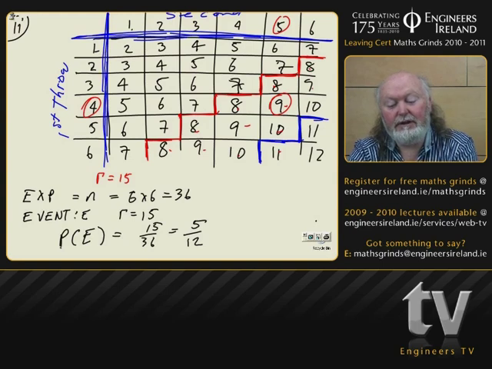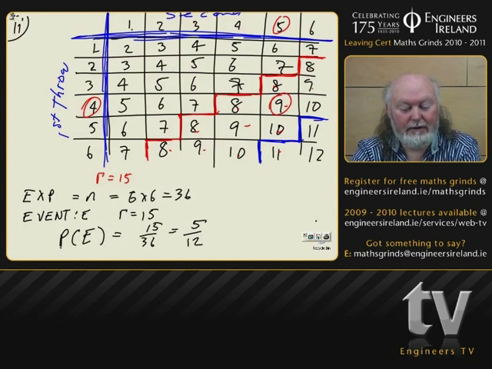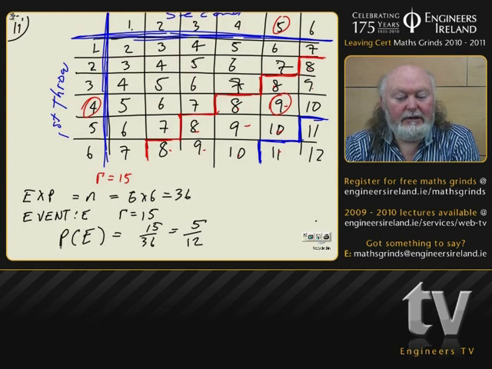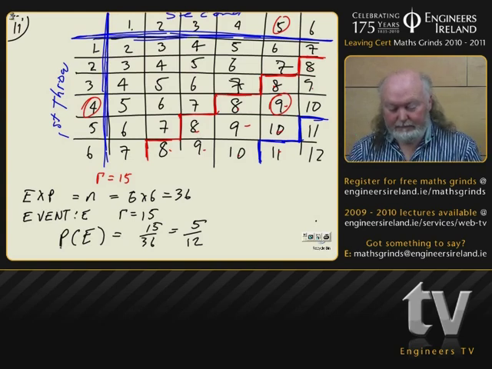Instead of R being 15 now, because we're looking for at least 8 and no more than 10, R will be 12, and it'll be 12 over 36, which will be a third of the possibilities. So you can see how in many of these cases you can actually work through all of the possibilities and exhaust the situation.